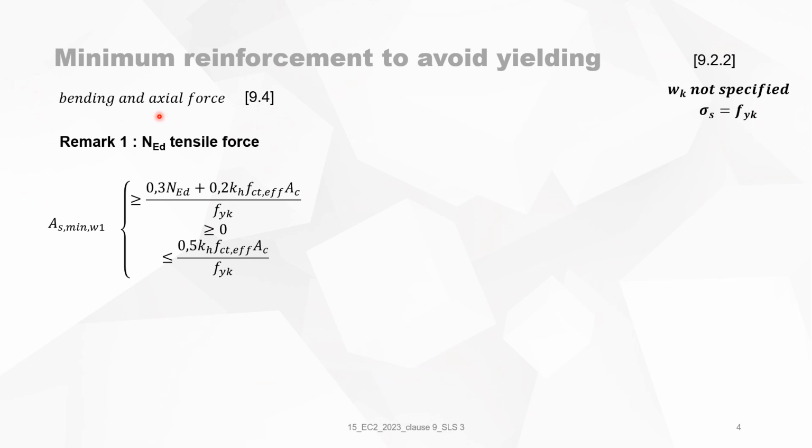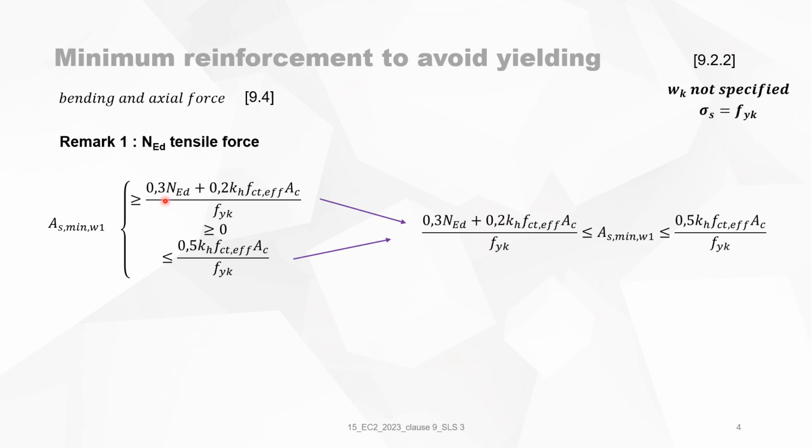Now let's look at some more detail. Suppose that NED is a tensile force. Then when you investigate this formulation in more detail, you will see that the minimum reinforcement must be smaller than 0.5 times kH and so on, but must be bigger than this first point here.